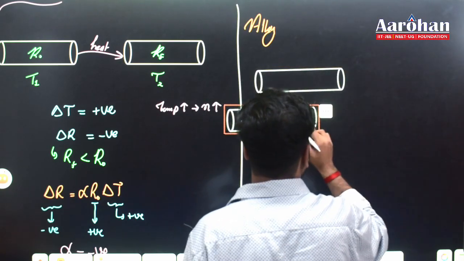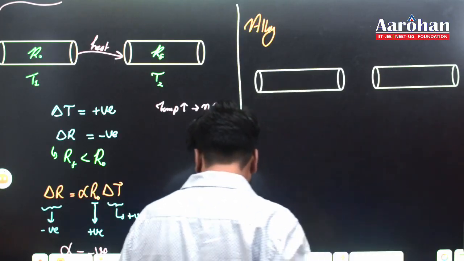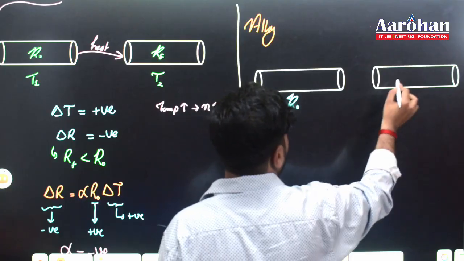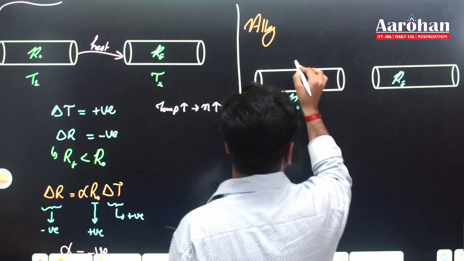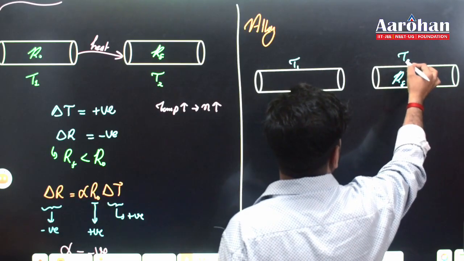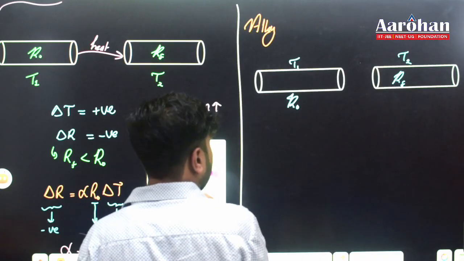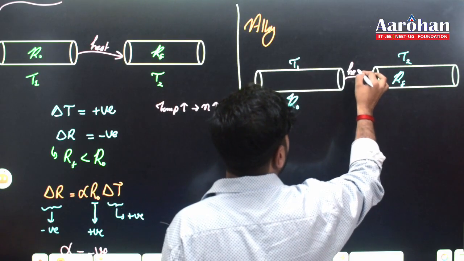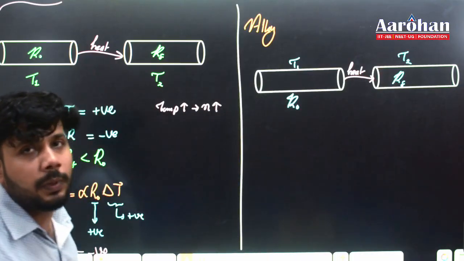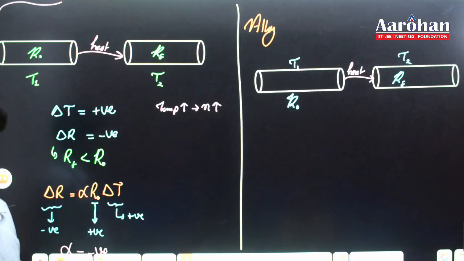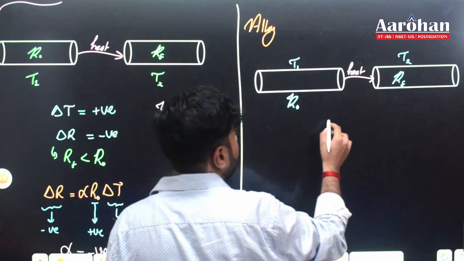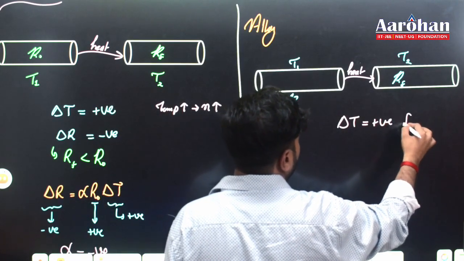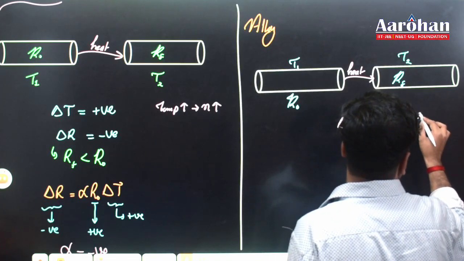If you have an alloy, with initial resistance R0, final resistance RF, and temperature T1 and temperature T2, and you increase the temperature by some amount, if you provide some heat, remember what we are assuming, that the change in temperature is not that big. So the change in temperature is positive, but remember the change is not very high.